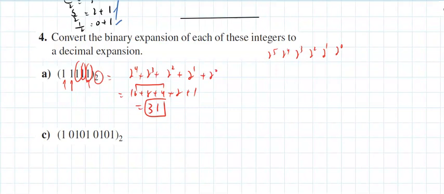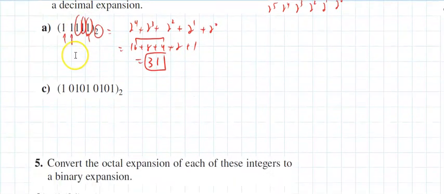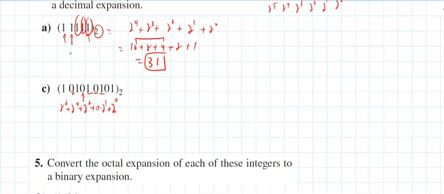Now, I'm going to look at C. Well, the same deal will happen. This is 2 to the 0 plus 0 times 2 to the 1 plus 2 squared plus 0 times 2 cubed, 2 to the 4th, 0 times 2 to the 5th, 2 to the 6th, 0 times 2 to the 7 plus 2 to the 8.